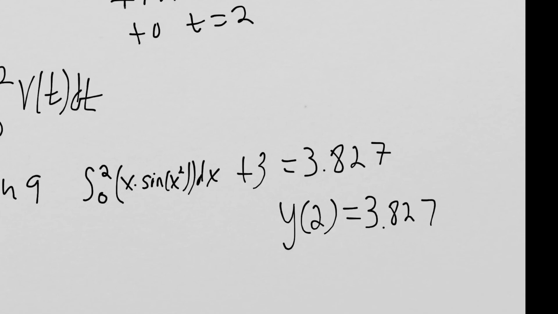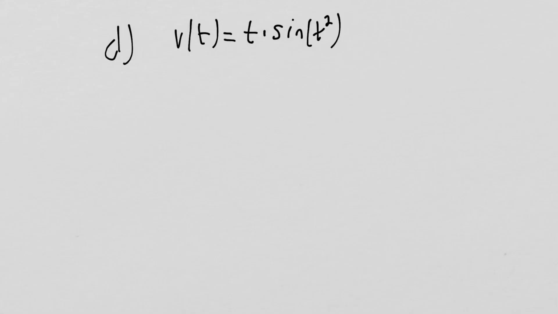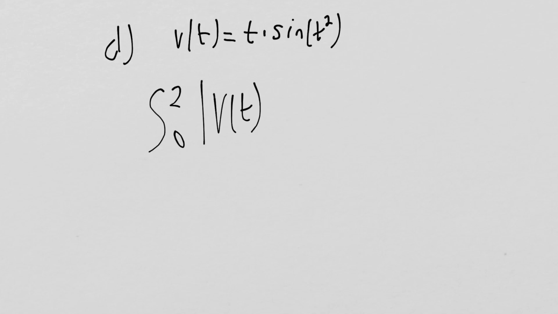And then now we're looking for the total distance traveled from t equals 0 to t equals 2. So for this one, we're going to integrate the absolute value of our velocity. And that's going to take our negative movement and flip it positive, so it just tells us overall how far we've gone.